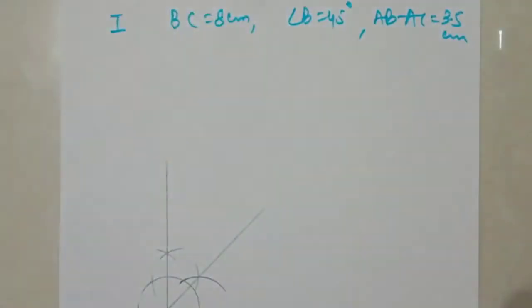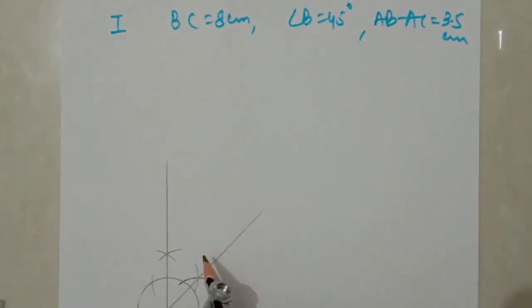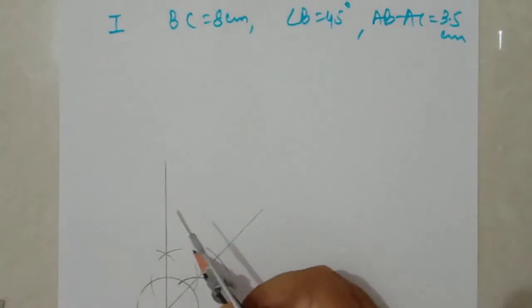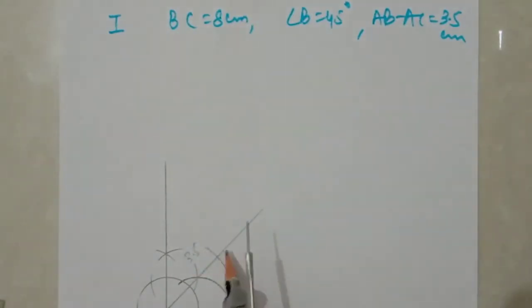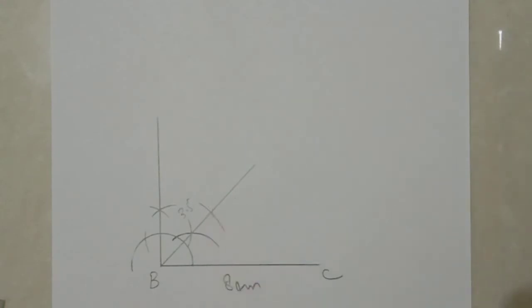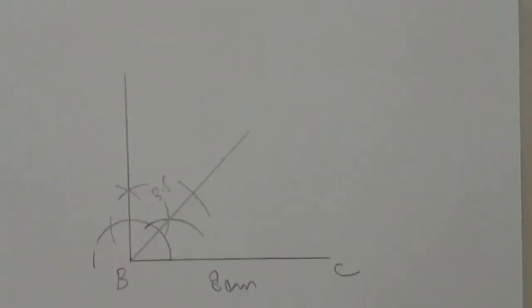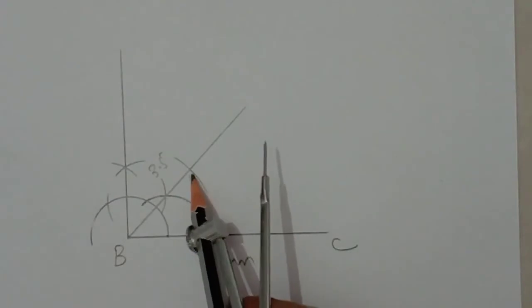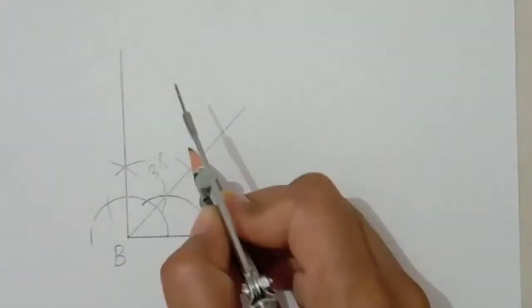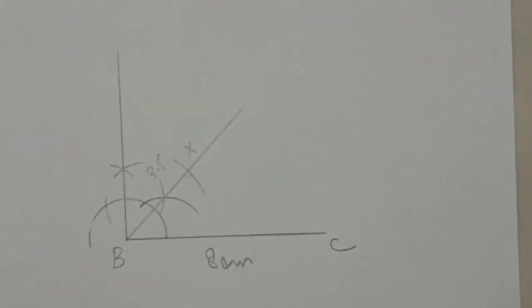So first of all students, we will mark 3.5 like this, and then we will draw an arc. So students, this is 3.5 and we will mark it as 3.5, but again I am repeating that this point is not a vertex, this is any other point X.